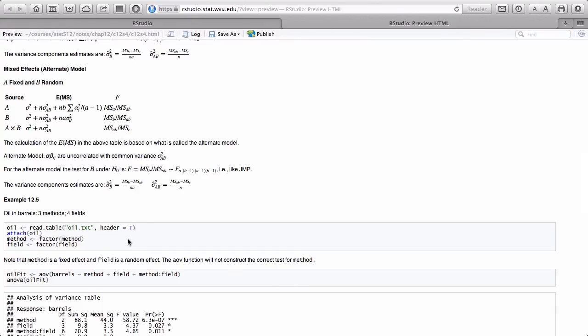Okay? So I think we'll stop here, but we're going to come back and spend quite a bit of time on this section, and then the next section is just kind of an extension of this. During the process of this, I'm going to give you a simple rule of computing expected mean squares, assuming that you have a balanced design.